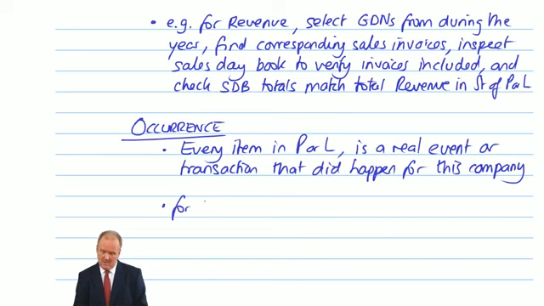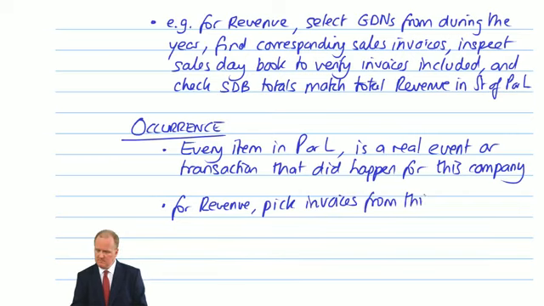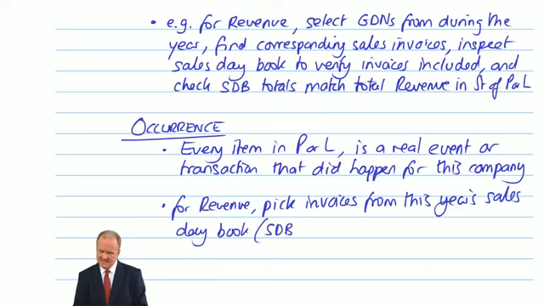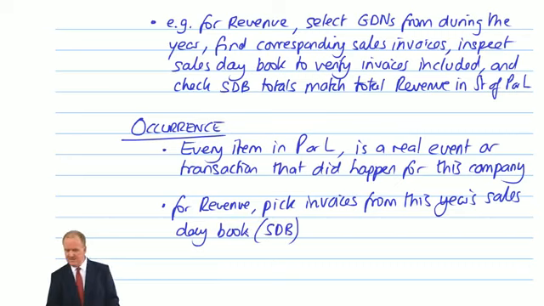So, for revenue, what would I do? I would pick invoices from this year's sales daybook. And what I should have done a bit earlier is done that, because then I can call it SDB as long as I like.